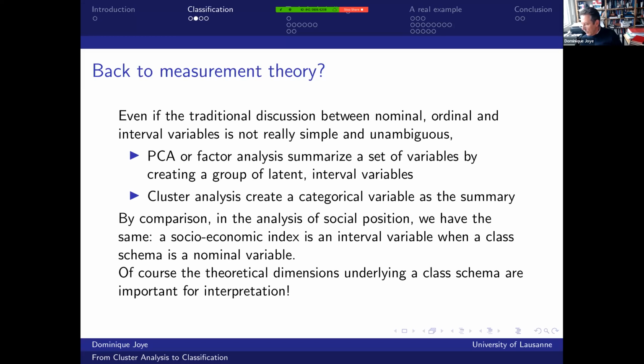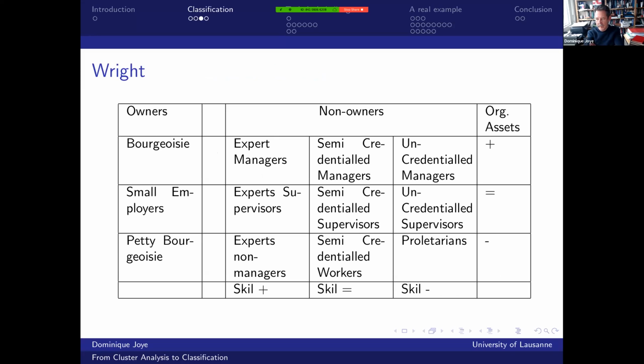So if I take, for example, the class schema of Erik Olin Wright, I think that most of you probably know this class schema. Erik Olin Wright was a great sociologist at the University of Wisconsin. And his class schema, in fact, distinguishes between owners and non-owners of the means of production. And among the non-owners, there is a distinction between organizational assets and skill assets.